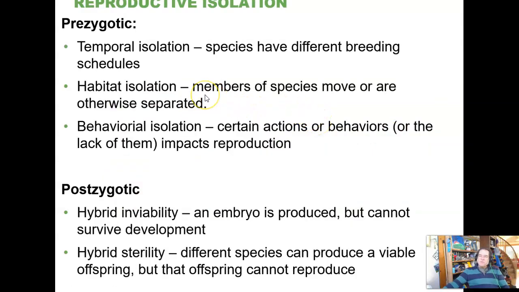And we've talked about pre-zygotic reproductive isolating events right here. So here are the examples: temporal isolation, habitat, and behavioral again. Then we can have post-zygotic, all right? So what is it that keeps two different species from hybridizing if their gametes get together?